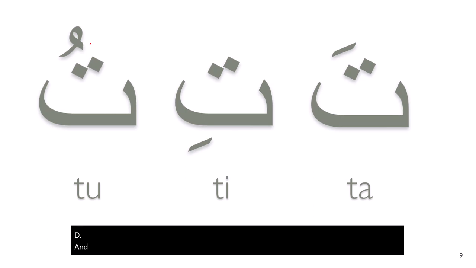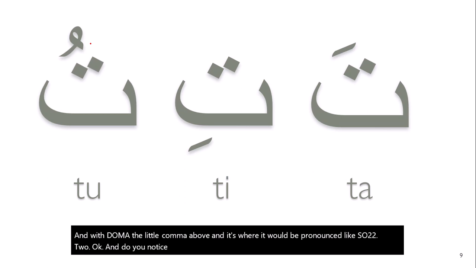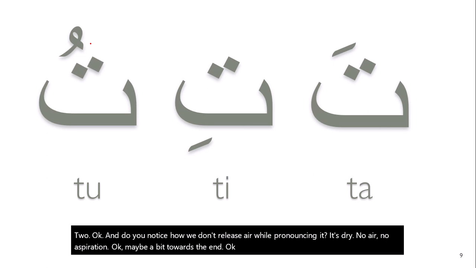And with dhamma, the little comma above, it would be pronounced like U, so tu, tu, tu. Do you notice how we don't release air while pronouncing it? It's dry, no aspiration, maybe a bit towards the end. So ta, ti, tu, ta, ti, tu.